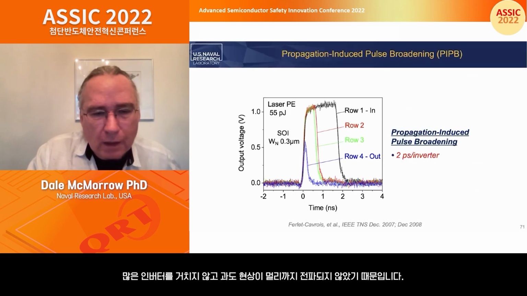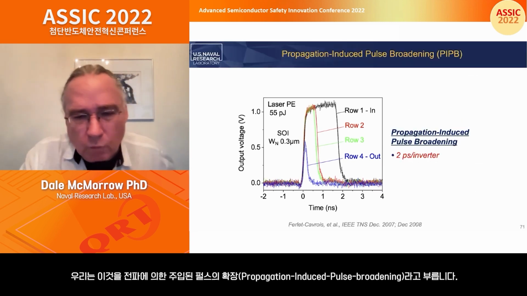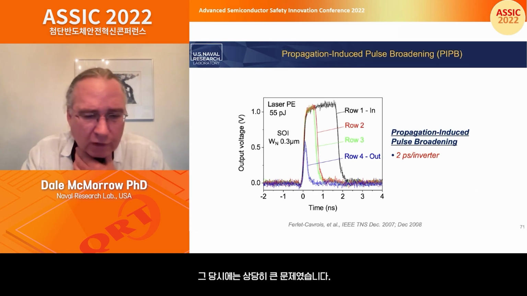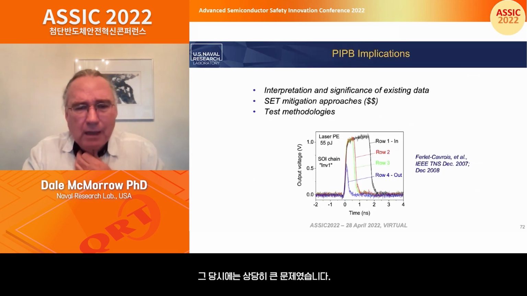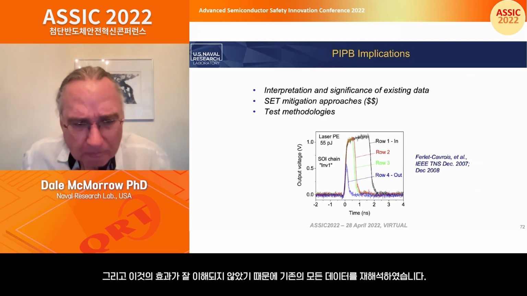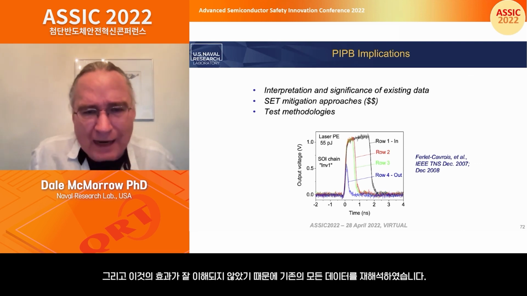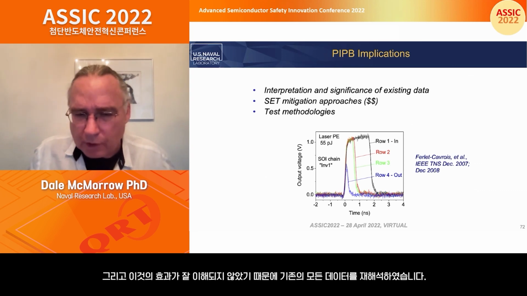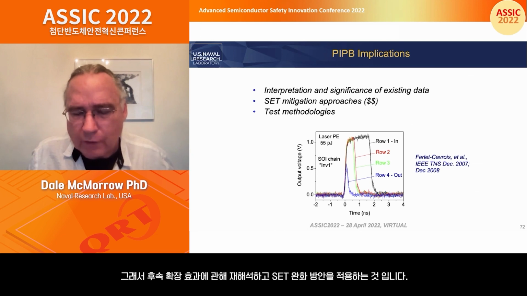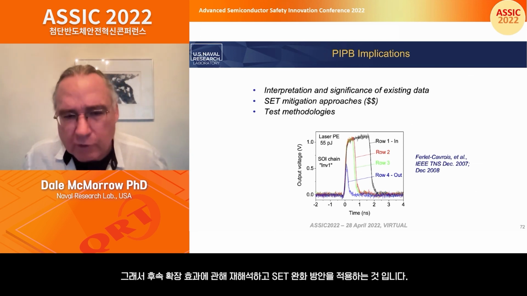We called that propagation-induced pulse broadening, and it turned out to be a pretty big deal at the time, and this is why. First of all, the existing data had to be pretty much reinterpreted, because this effect wasn't understood, and so it had to be reinterpreted in terms of this pulse broadening effect.